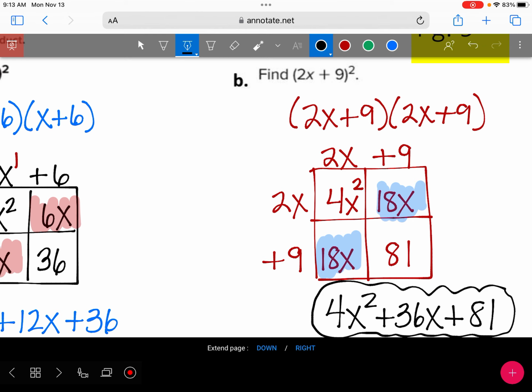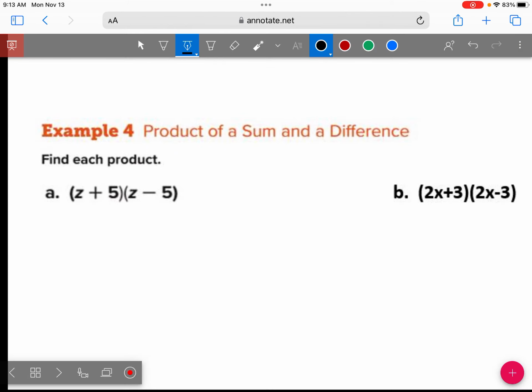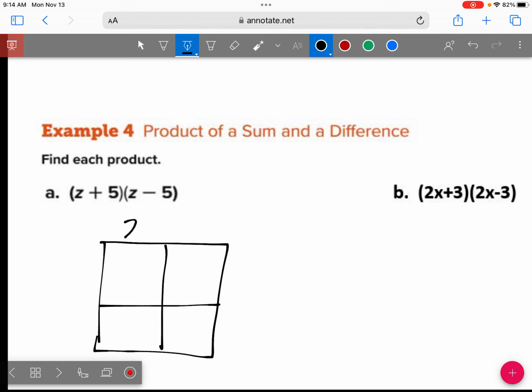All right, last two. Go ahead and find your product. So make your box. These are what we call opposites because it's a plus 5 and a minus 5. I'm going to have you do both of them.